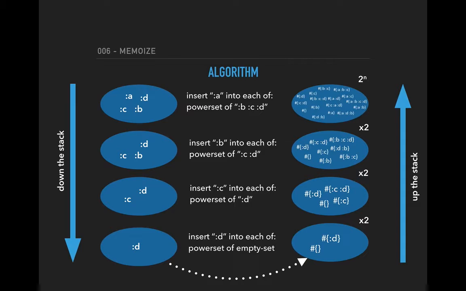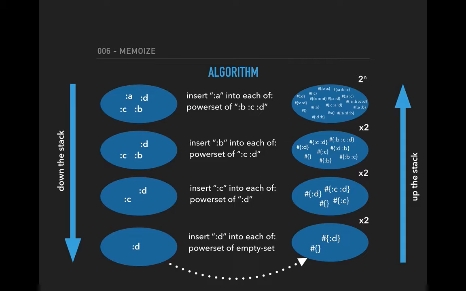So in this diagram, I want to show you one algorithm that we can use to find all the subsets of a set. There might be others, but this one is very concise and clear to explain and clear to see.